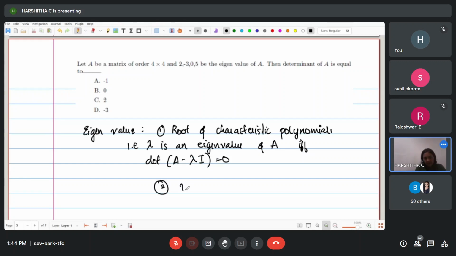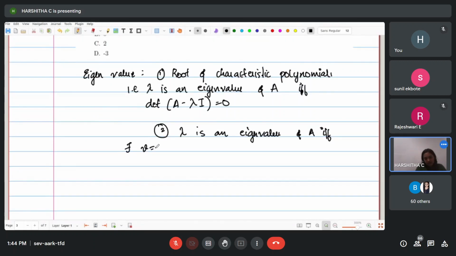Second, lambda is an eigenvalue of A if and only if there is a non-zero vector v in R^n, where A is n cross n, such that Av equals lambda times v. So you take the vector v, multiply it with A, and it will just be a rescaling of the vector.